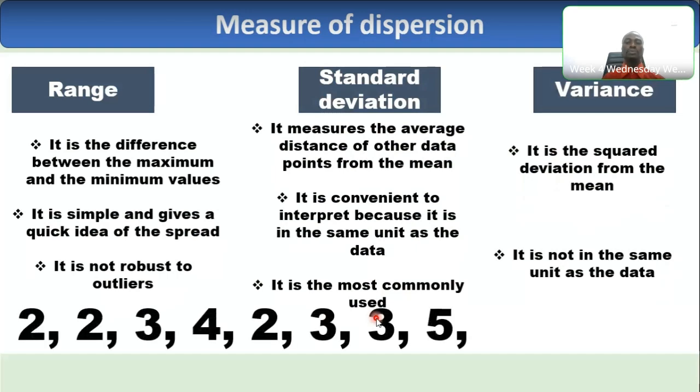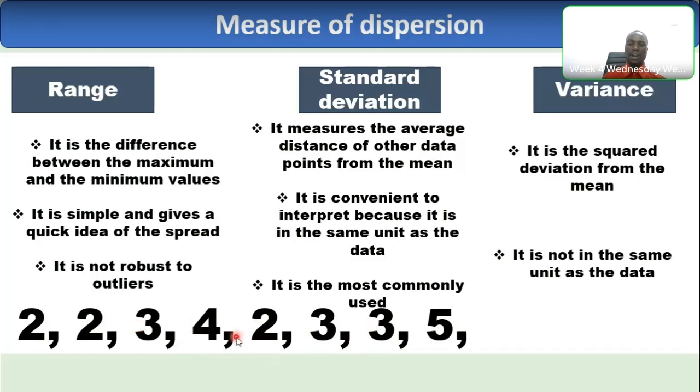Now, look at these particular data points. If I want to calculate the range, the maximum value is 5, isn't it? And the minimum value is 2. So if I remove 2 from 5, we have 3. If we say that the spread is 3, it looks reasonable because you can see that they are not so far apart from one another.